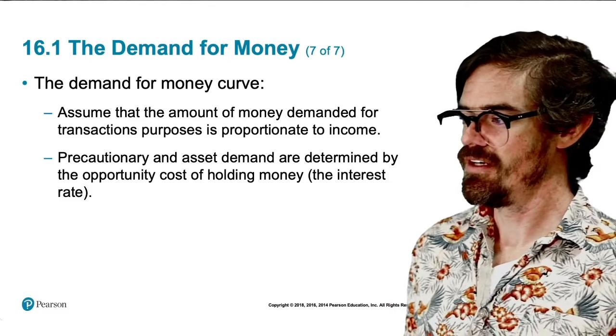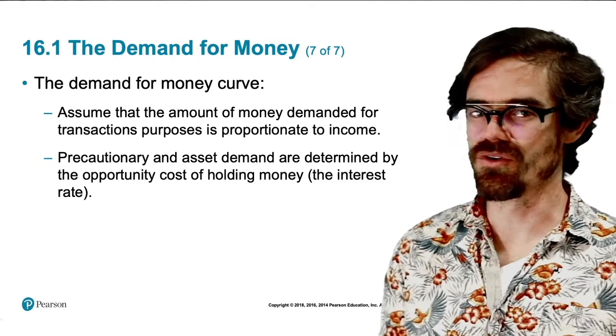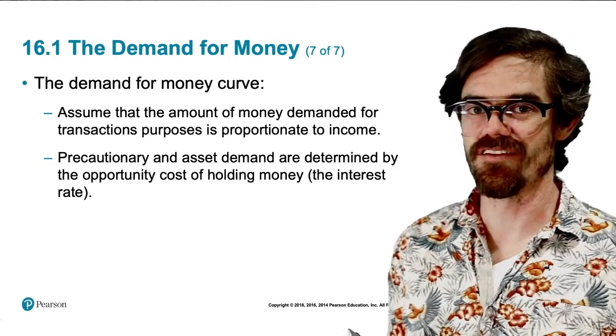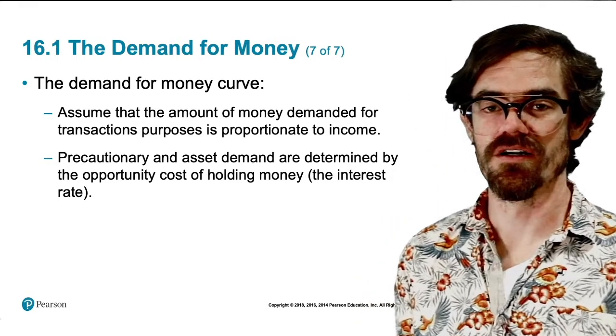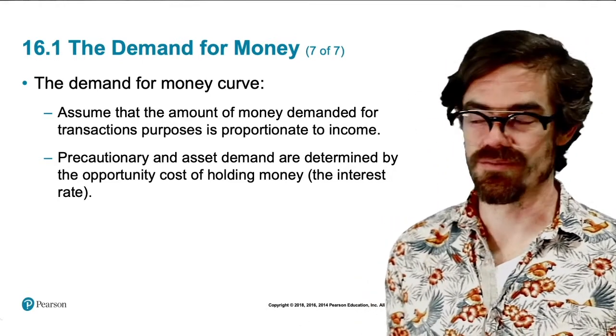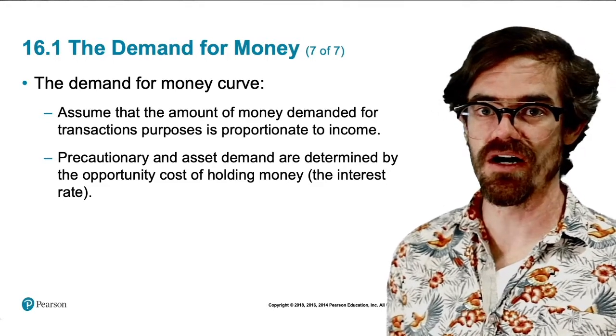Precautionary and asset demand have a blurry line between them. They can be the same thing, in fact. When people save money for emergencies, a lot of times it's in a banking account or a savings account, or even in a stock or bond.